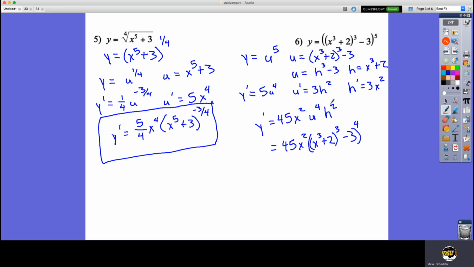And then we have to deal with our h squared here, and our h is x cubed plus 2. And that would be as far as we have to go. That's it. You could multiply it all out if you wanted to.